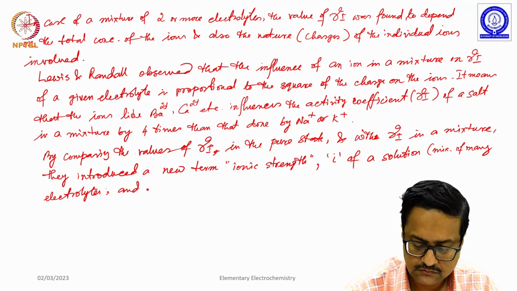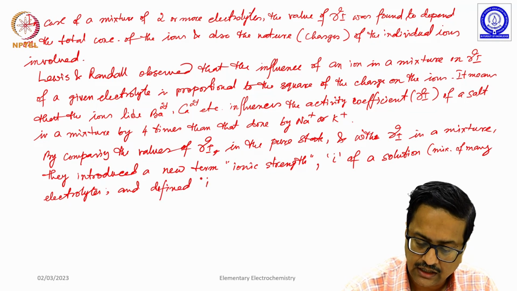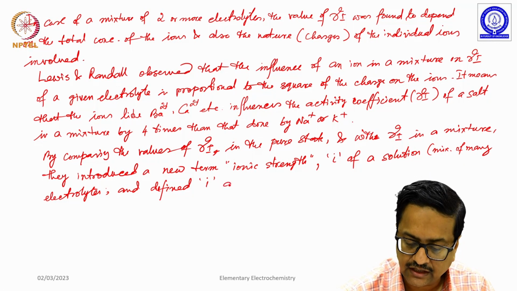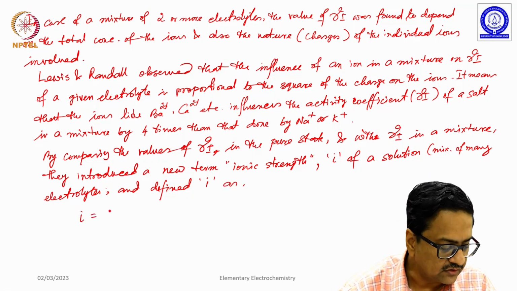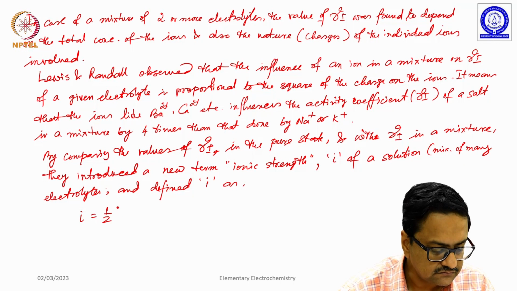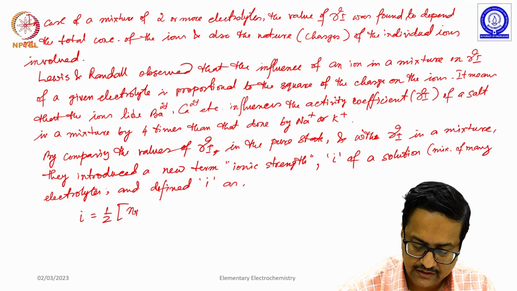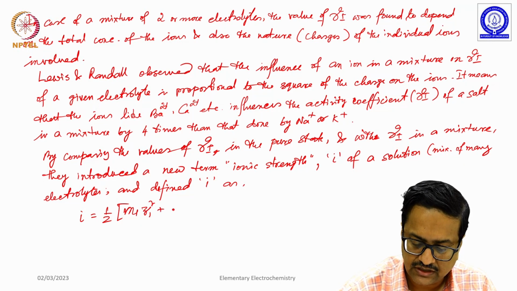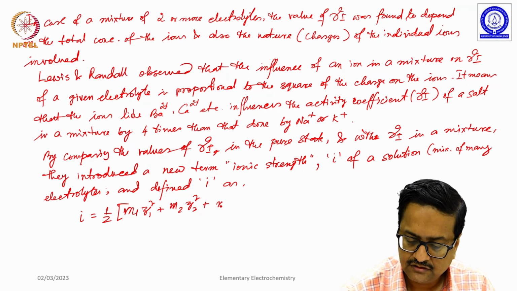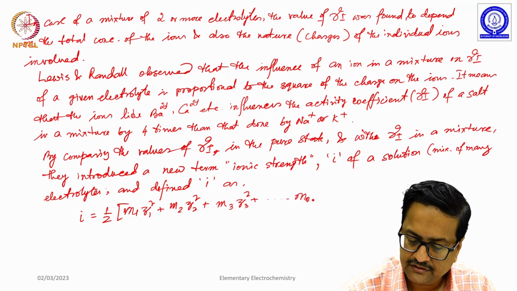They defined I, that is the ionic strength, as I equal to half of M1 Z1 square plus M2 Z2 square plus M3 Z3 square plus up to Mn Zn square.